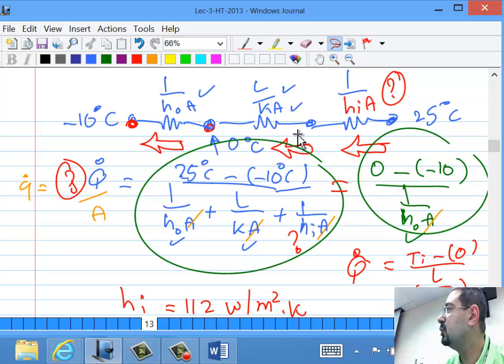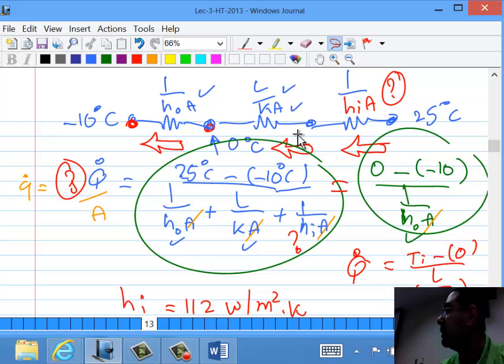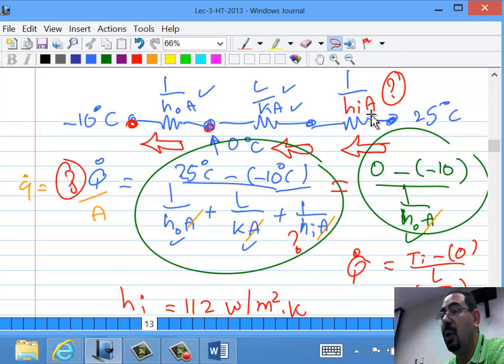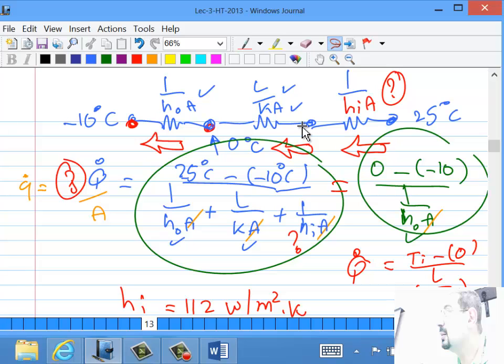because again that Q that we solved for is also 25 minus this guy divided by what? 1 over HIA. And we can also get that guy from doing those two guys together, right?